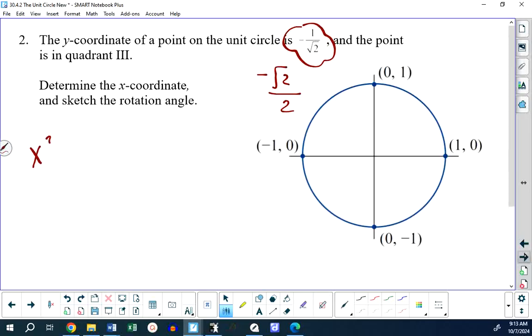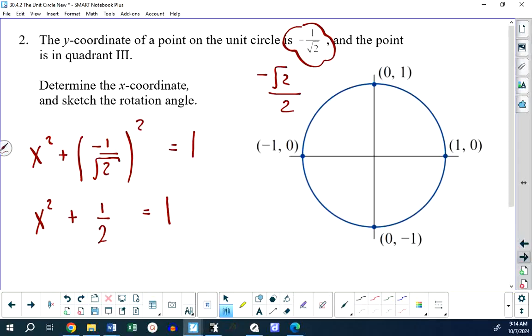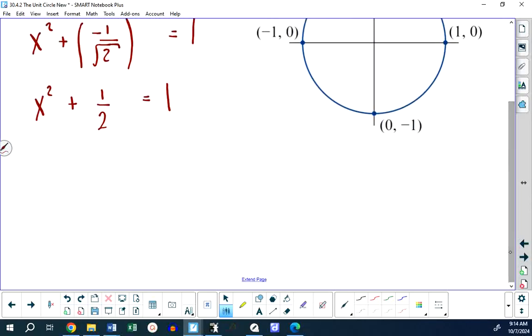So let's find the x coordinate. It is x squared plus y squared, which is -1/√2, and this needs to go in its own set of brackets, squared equals 1. Which gives me x squared plus 1/2 equals 1, because when I square the -1, I get +1, and when I square root 2, I get 2. If I subtract 1/2 from both sides, I get x squared equals 1 minus 1/2.